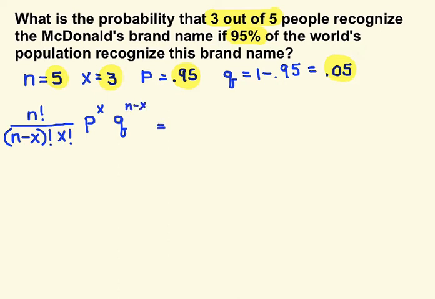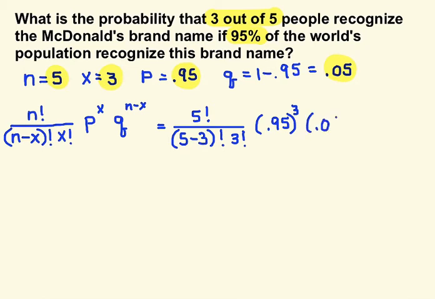Okay, n factorial is 5 factorial, and n minus x, that's 5 minus 3 factorial, and then x is 3, so 3 factorial, times p, which is 0.95, raised to the x, which is 3, times q, which is 0.05, raised to the n minus x, which is 5 minus 3, which is 2.